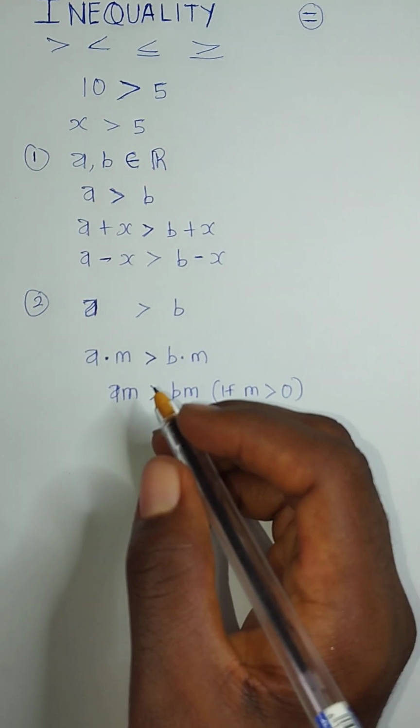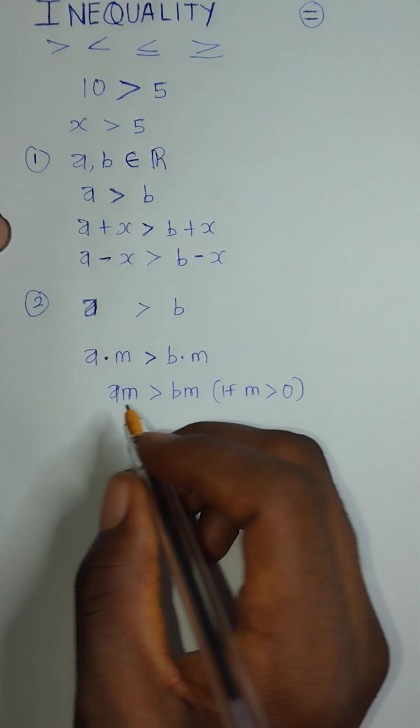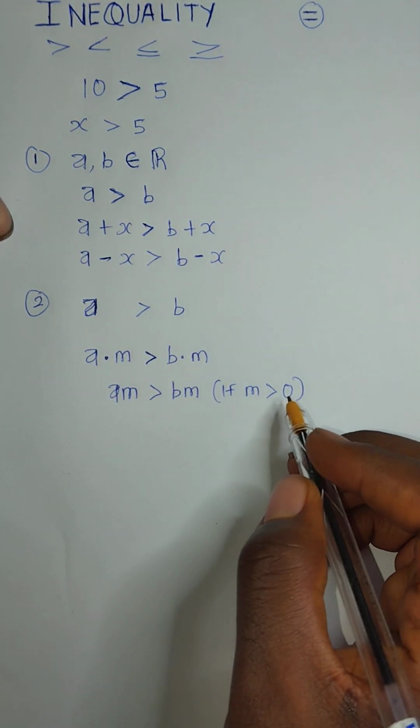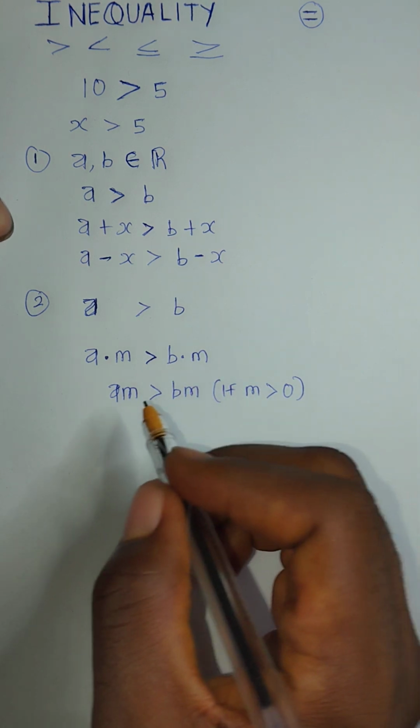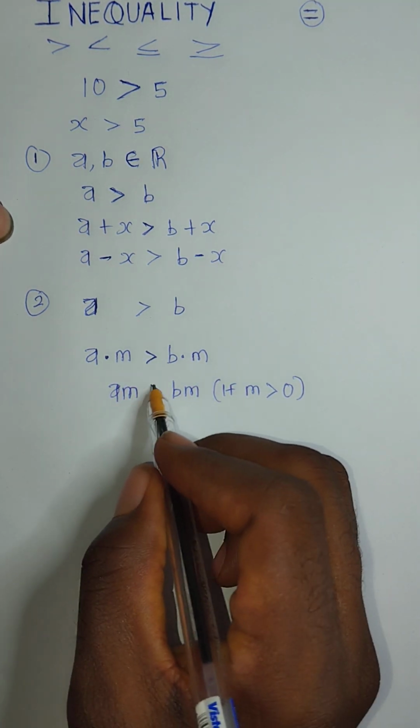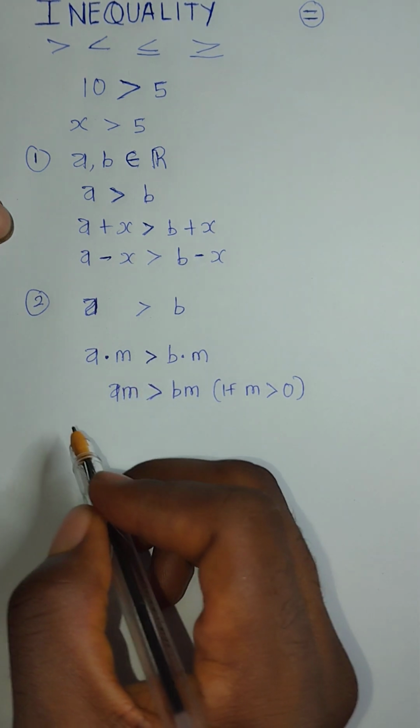Yes, so please take note. The greater than will remain greater than if m is positive. So that means if you're multiplying both sides of your inequality by a positive number, then your inequality sign will remain the same.